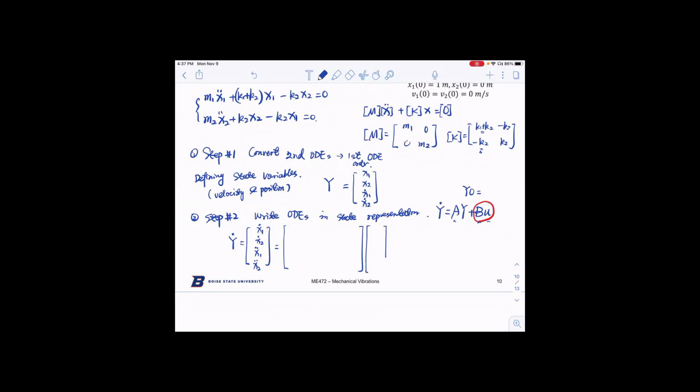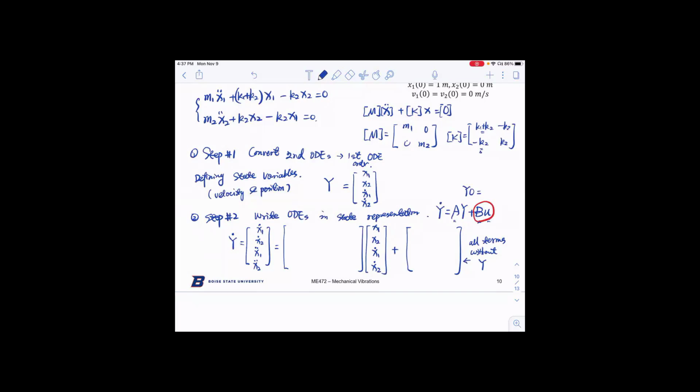We need to describe your y dot using y. That means we need to use x1, x2, x1 dot, x2 dot to describe it. And then all the terms that have nothing to do with y make up this vector, or this matrix: all terms without y.